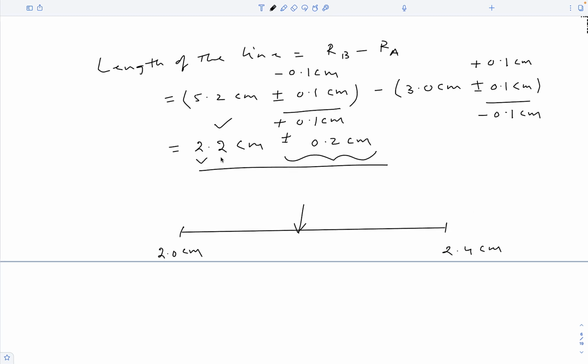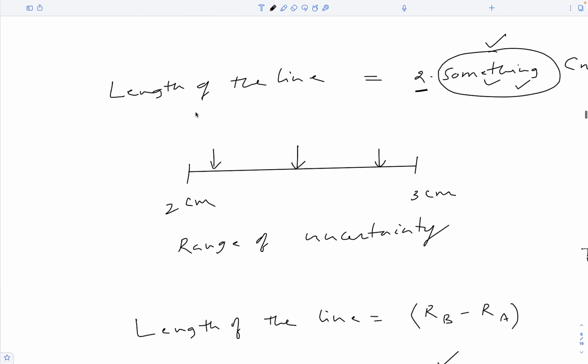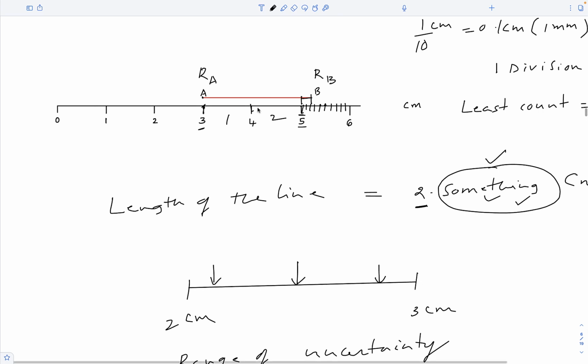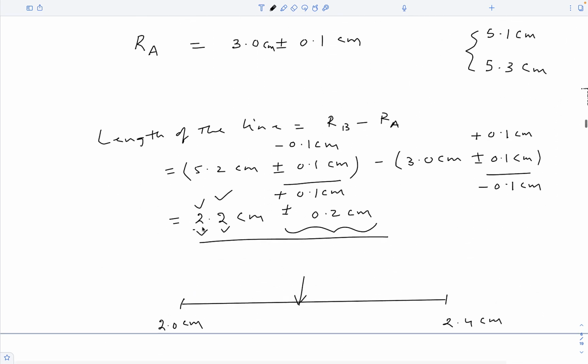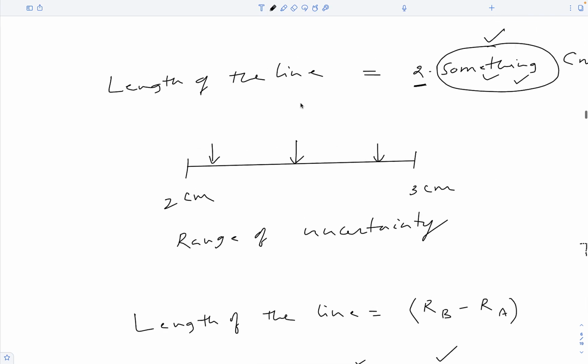See, in this measurement there are two digits and the value of the first digit is obtained by using the markings physically present on the scale. So we are 100% sure about the value of this digit, but the value of this digit is estimated using our imagination.